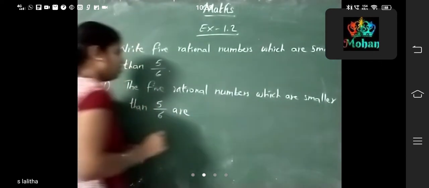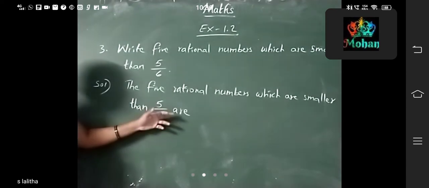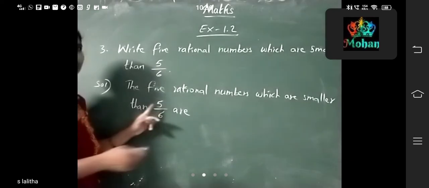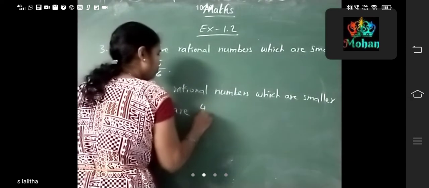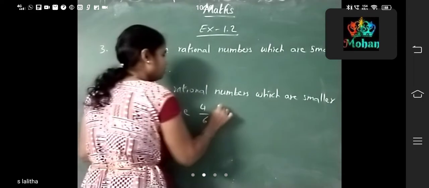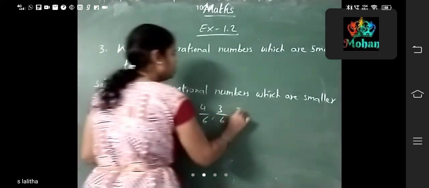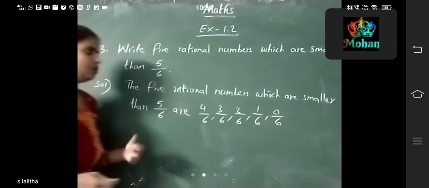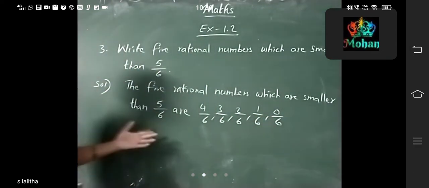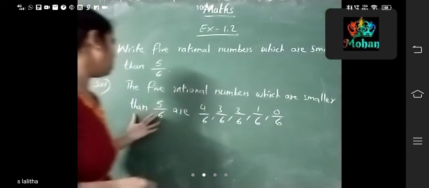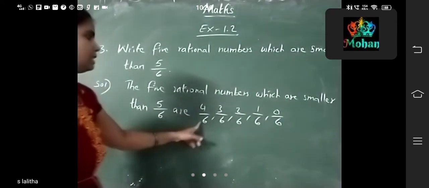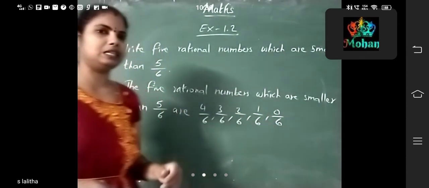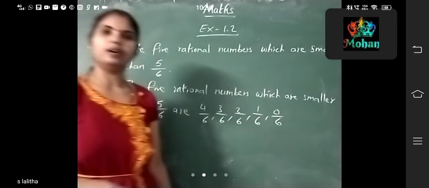You can write the numbers in decreasing order. You can decrease the numerator. So here 5 by 6. What is the number before 5 by 6? 4 by 6. After that 3 by 6. Next one 2 by 6. Next one 1 by 6. Next one 0 by 6. You can decrease the numerators only. So the 5 rational numbers which are smaller than 5 by 6 are 4 by 6, 3 by 6, 2 by 6, 1 by 6, 0 by 6. Okay, 5 numbers are there now.